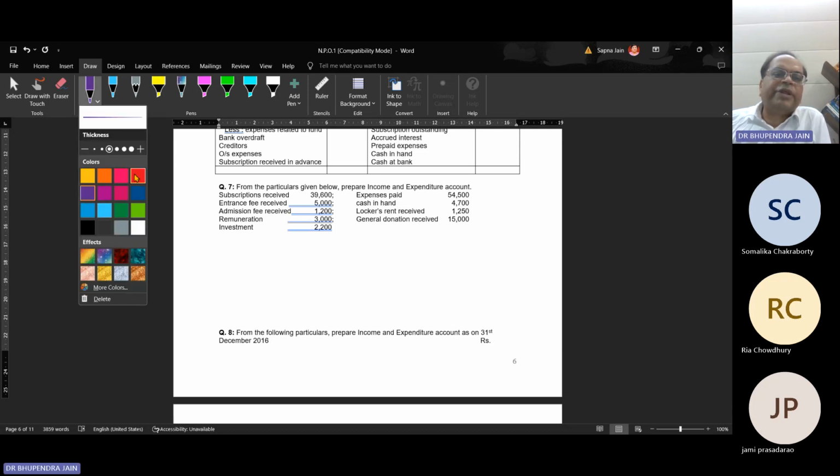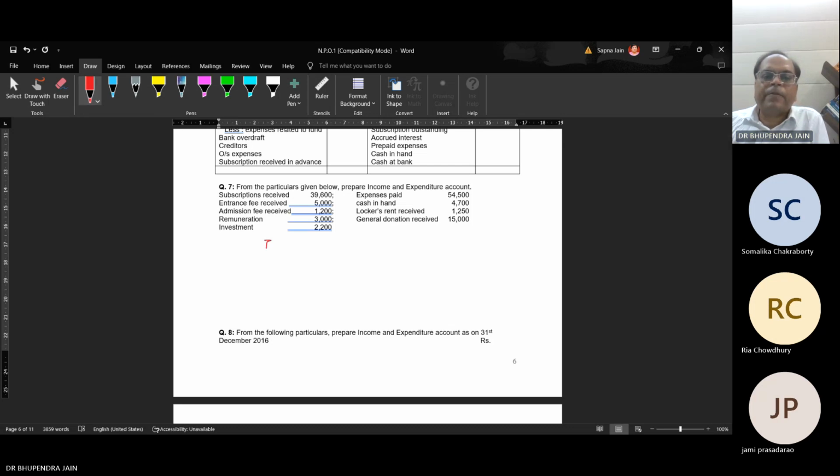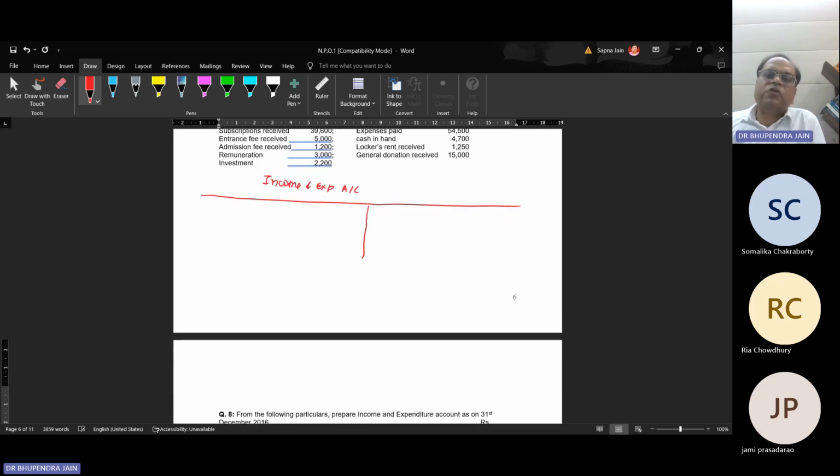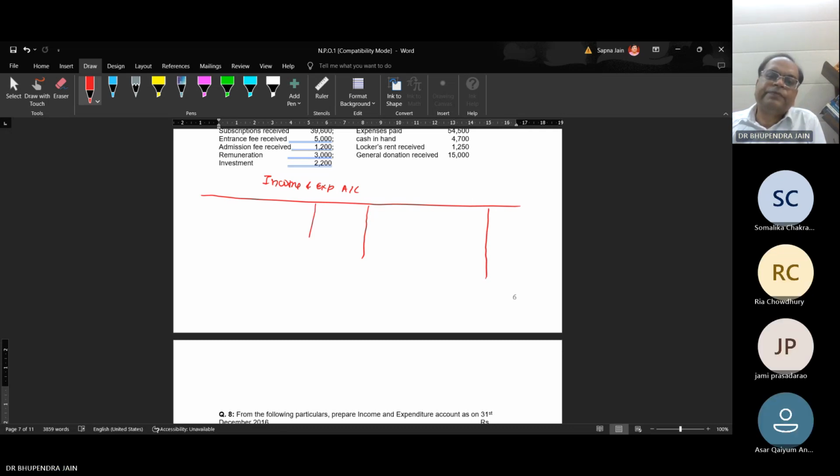There are two sides of the income and expenditure account. This is the format of the income and expenditure account. We have to write the same heading: income and expenditure account for the year ending. Clear? This is the income side, and this is the expenditure side.